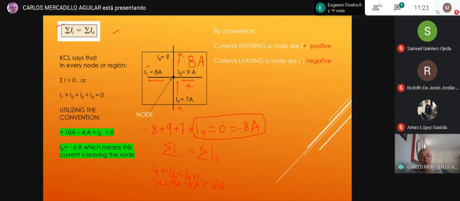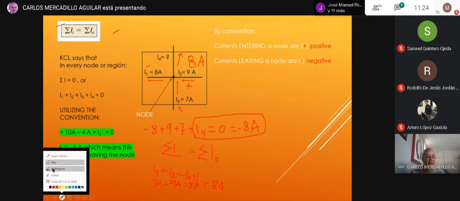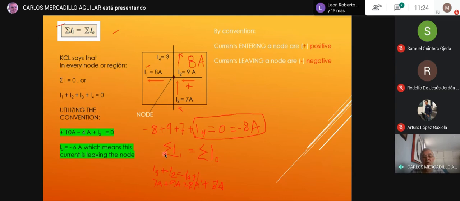Now, let's do the other equation. The summation of input currents equals the summation of output currents. Okay?